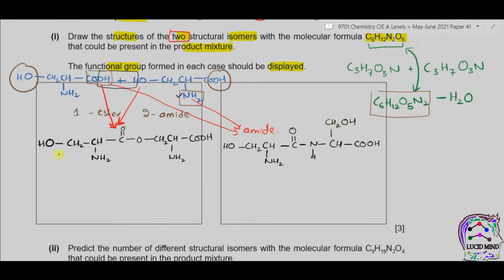We can also draw the skeletal formula starting from this carbon. Then we have this carbon, then carbonyl carbon, then we have oxygen, then again this carbon, this CH, along with this one we have NH2 and then COOH.